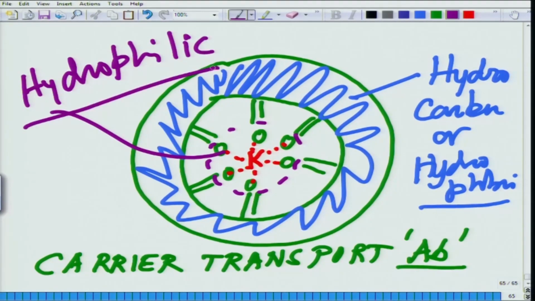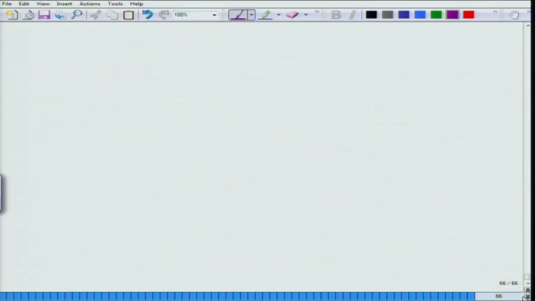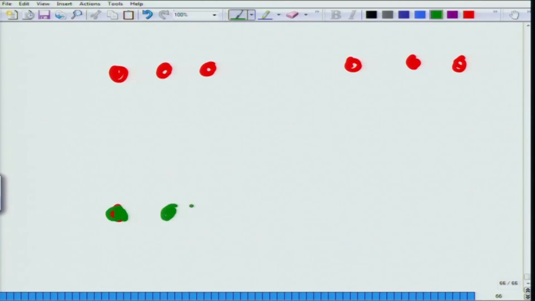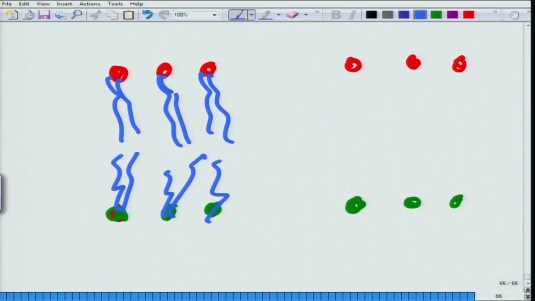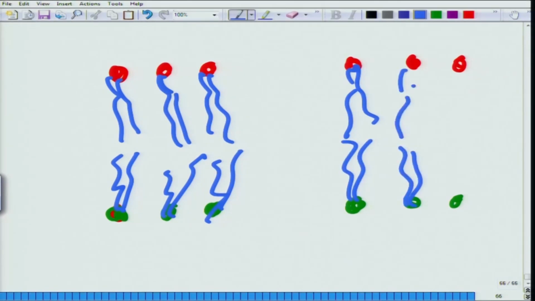So, when these kinds of molecules get inserted inside the membrane, it is something like this. Again, I have to draw the structure of the membrane so that it makes sense. Okay.